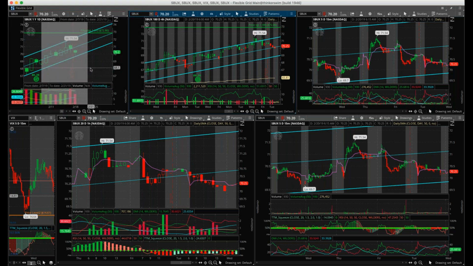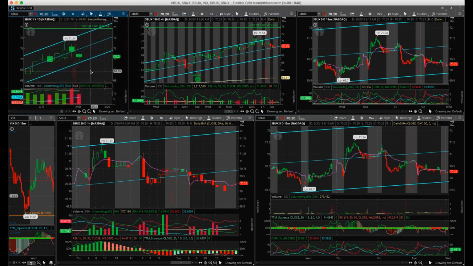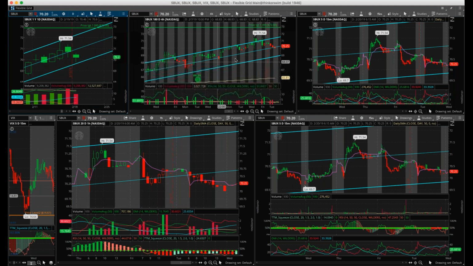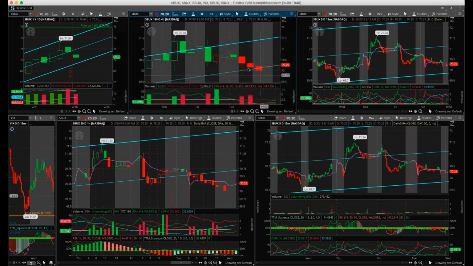So I want to know what daily candle is forming. What is that looking like? I have the 4-hour because I want to know what that 4-hour candle is looking like. What is it molding into? What type of pattern is possibly being created?